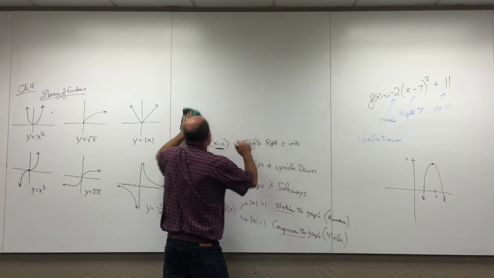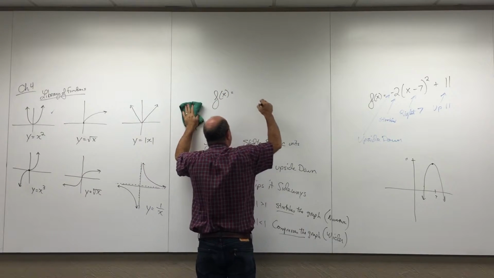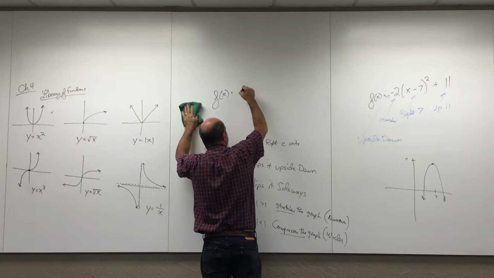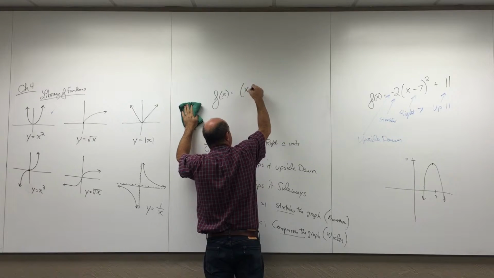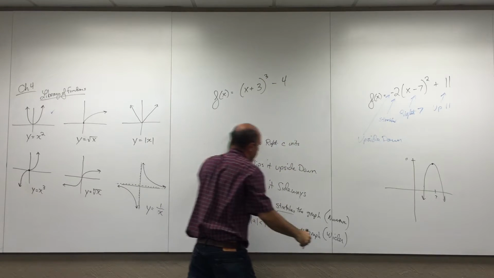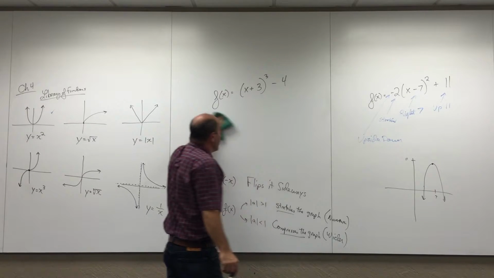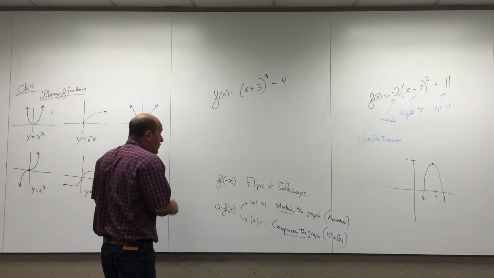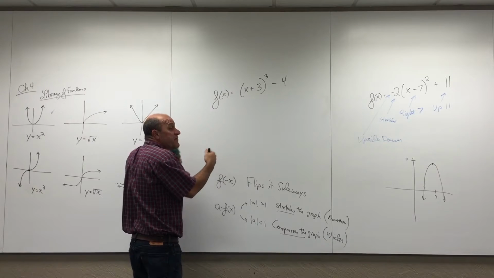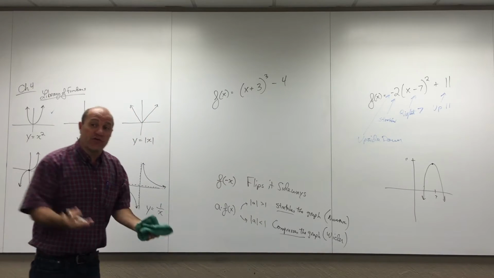Let's try another one here. What about this guy? To me, there's a few things going on here. Maybe even on a test or a quiz, I'll ask you to describe the shifts or the transformations.